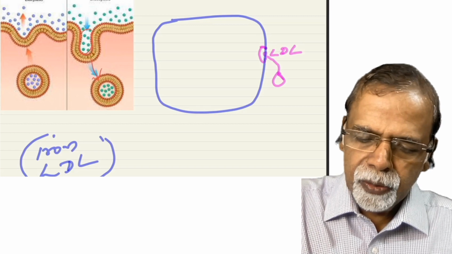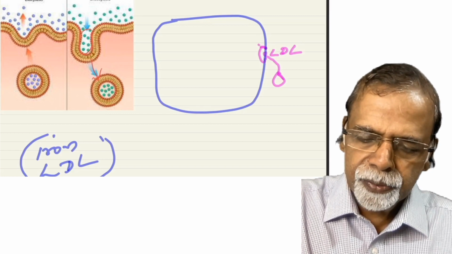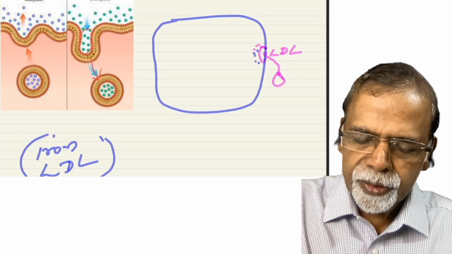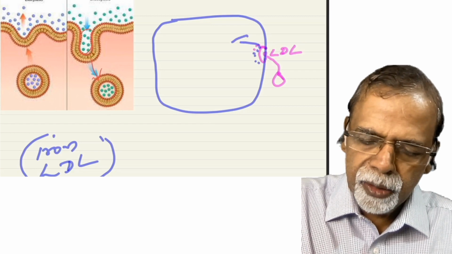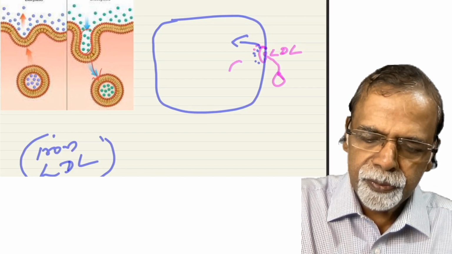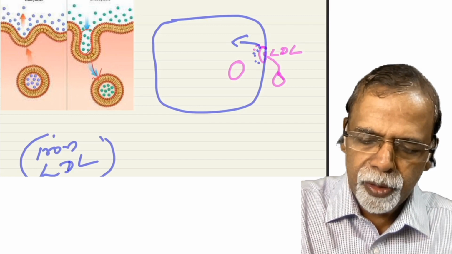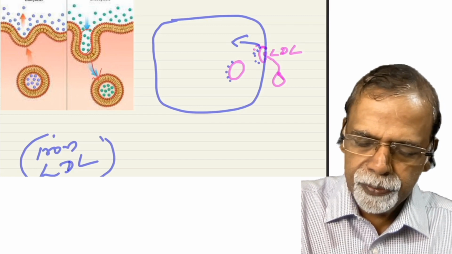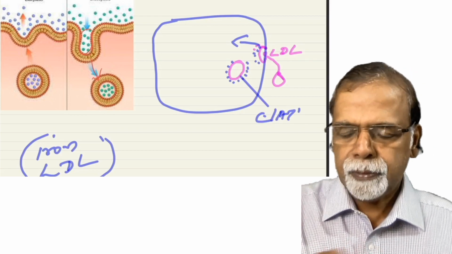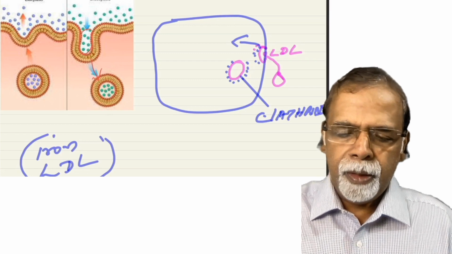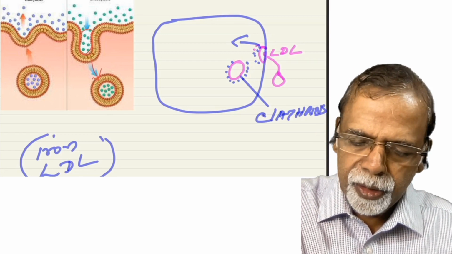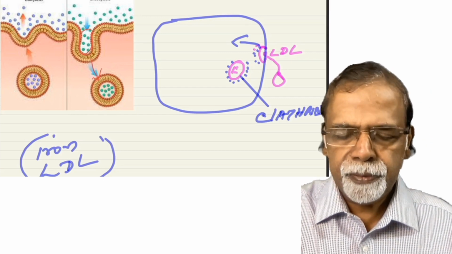And certain proteins called clathrins will help to make it internalized. So clathrin coated vesicles are formed. So here, proteins called the clathrins. And the LDL with the receptor is internalized.